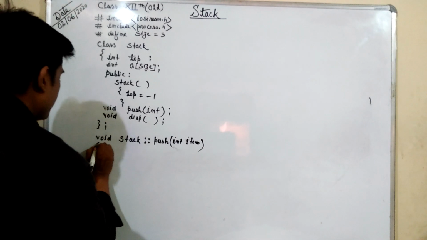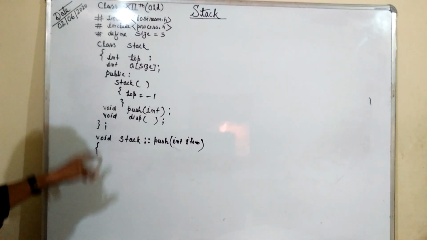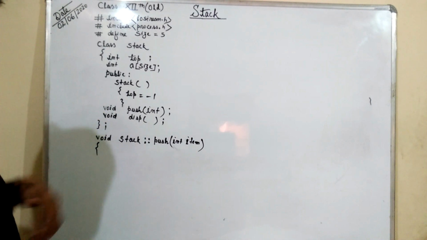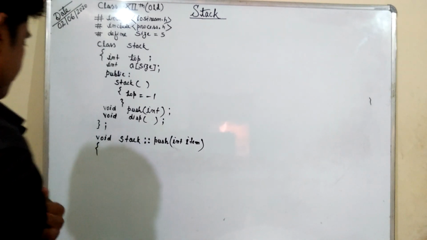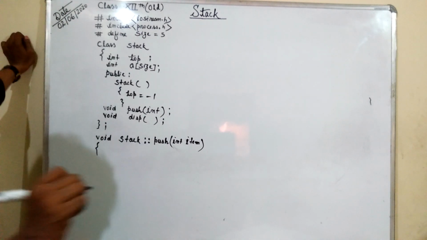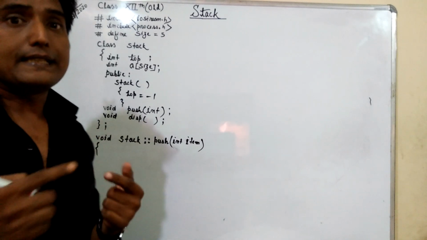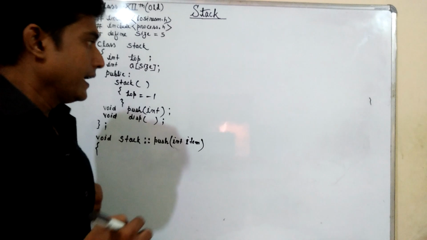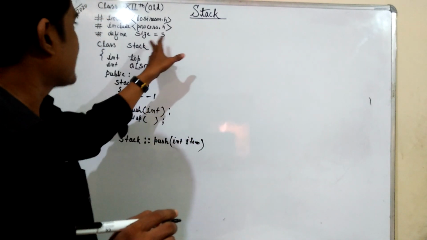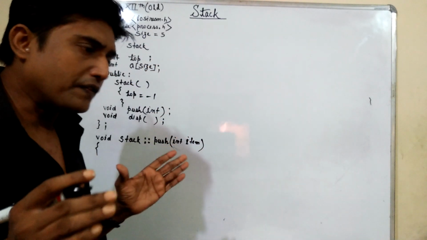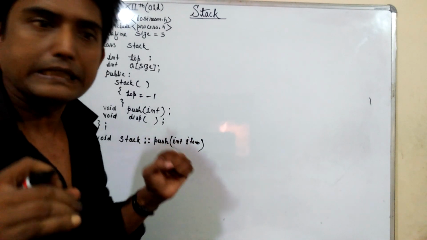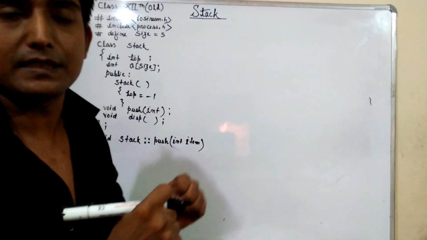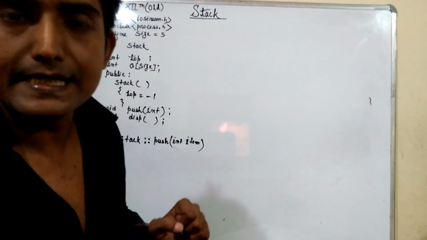Now put the curly braces, open curly brace, and here we have to use some condition. We have to check one condition, that is, suppose I have declared the size of 5 and the 5 boxes have been fully packed, meaning elements have already been inserted.